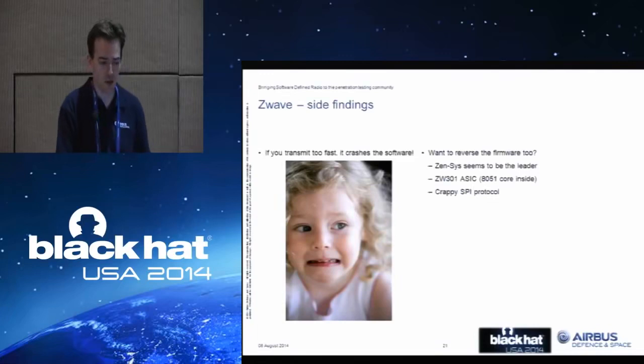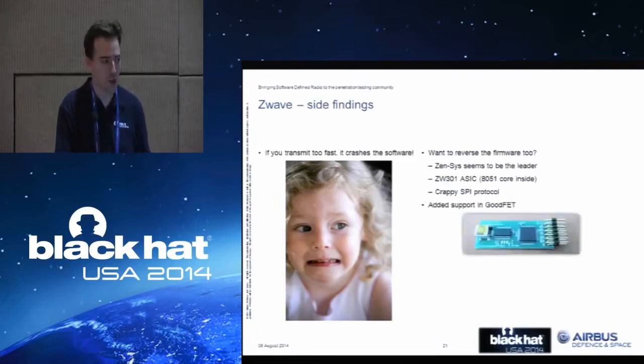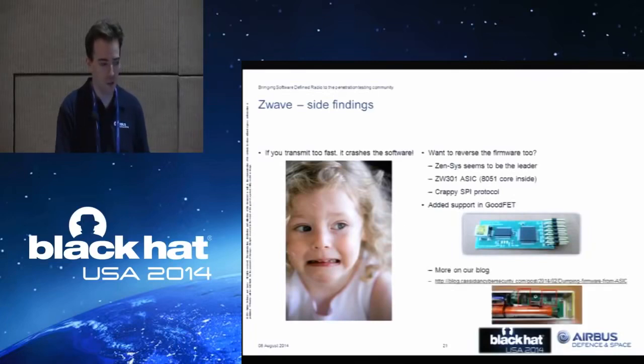And it uses a kind of crappy SPI protocol. So we added support in the GoodFET from Travis Goodspeed. It's right now in the firmware. If you just download the firmware for your GoodFET, it will be in there. If you want more detail about that, you can read our company blog that details everything we've done on the SPI protocol and implementing it in the GoodFET.